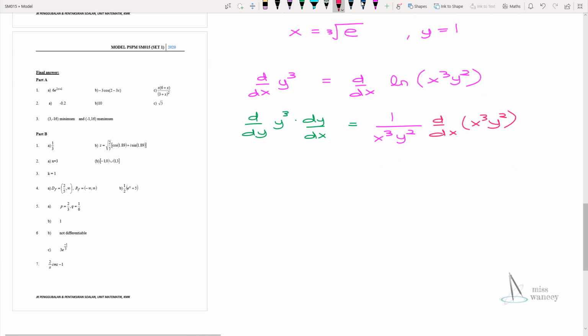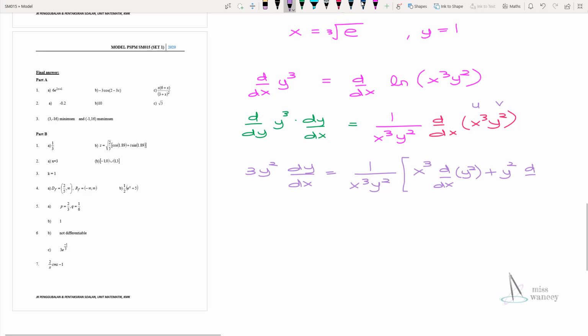Okay, so differentiating the left hand side, that will give me 3y square dy over dx. On the right hand side, this one we need to be extra careful because we have to use the product rule. So one of them is u, another one is v. So u is x cube, and then of course I have to differentiate y square, plus y square, and then we are going to differentiate x cube.